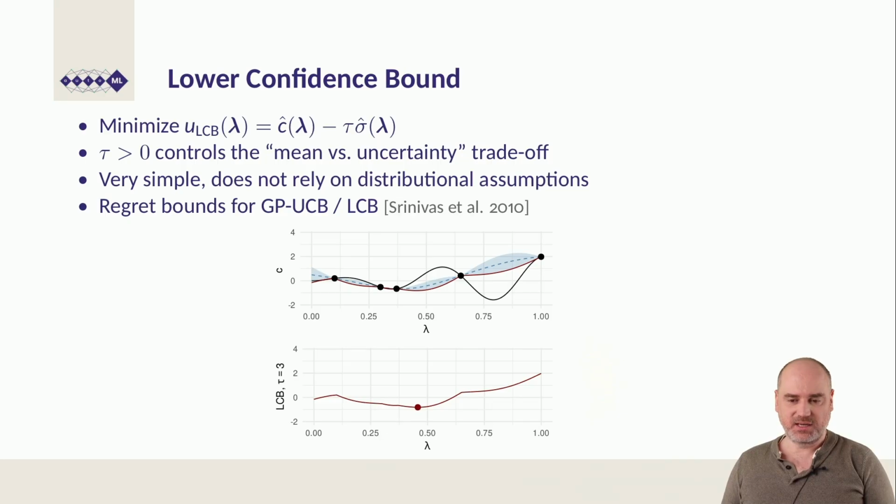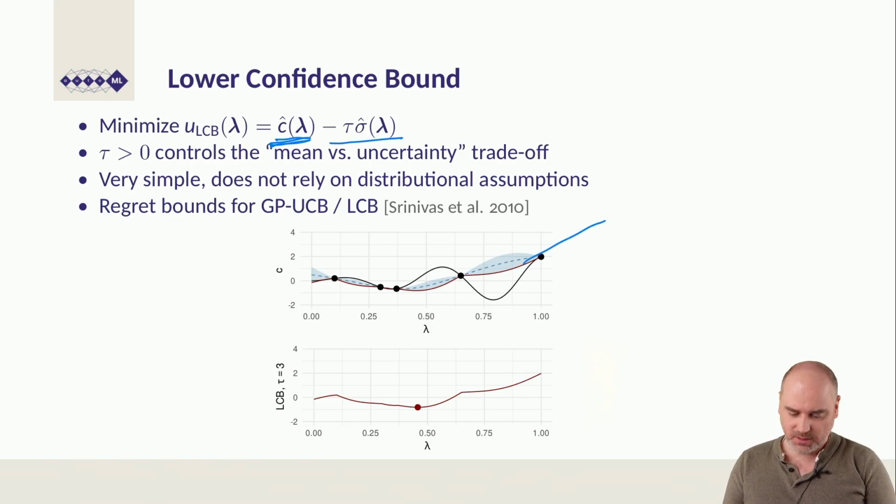Okay, let's now start with the first simple alternative acquisition function. This is the so-called LCB, for lower confidence bound, and the name is indeed very suggestive and describes exactly what happens. So our acquisition function is simply the posterior mean minus tau times the posterior standard deviation. What does that mean visually?